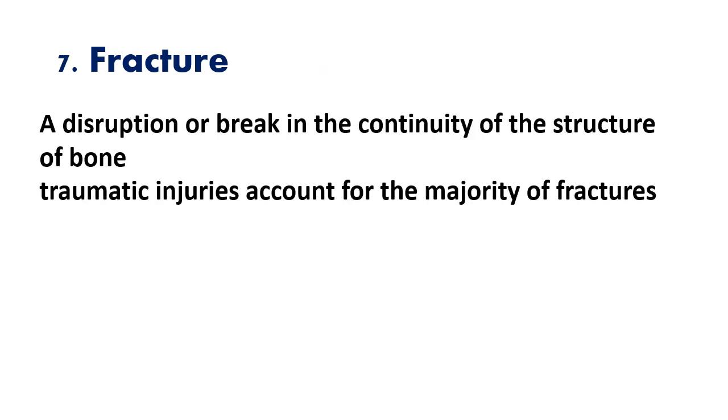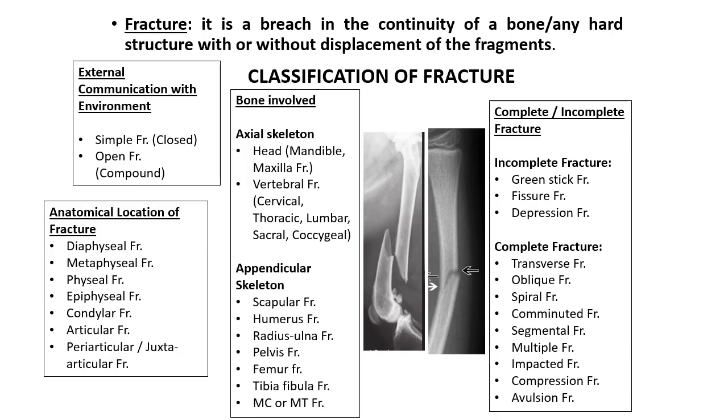Then fracture. So fracture we will discuss. It is a breach in continuity of bone or any hard structure, with or without displacement of fragments. Its classification is based on external communication with the environment: simple or closed fracture, and open or compound fracture. On the basis of anatomical location: diaphyseal, metaphyseal, physeal, epiphyseal, condylar, articular, periarticular.